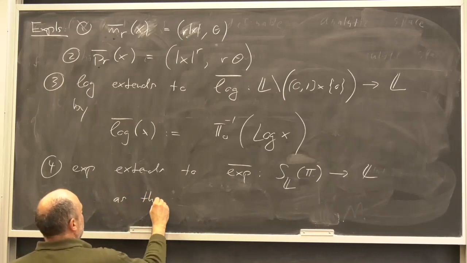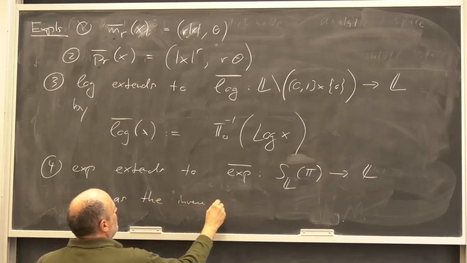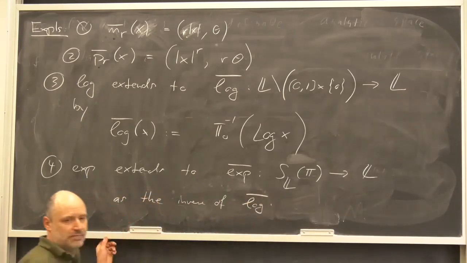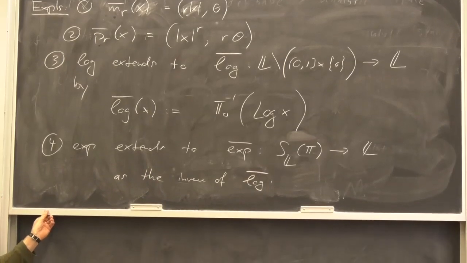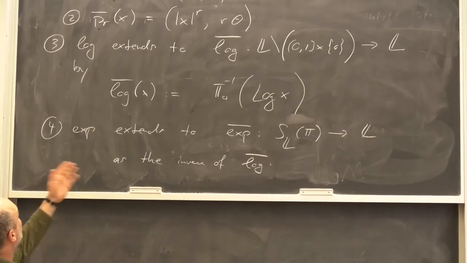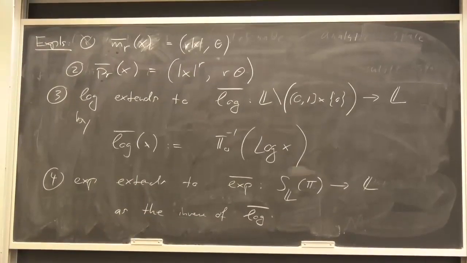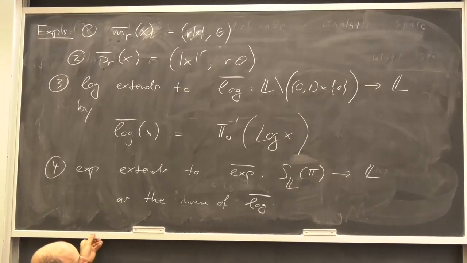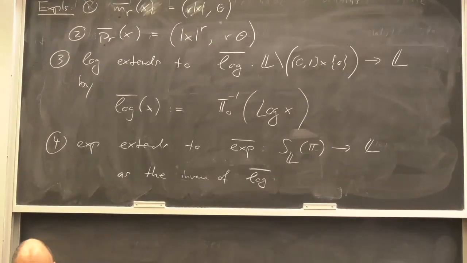That's the inverse of log r. Make sense? So these are all biholomorphic maps, in fact, in these domains. So right there covers a lot of maps.